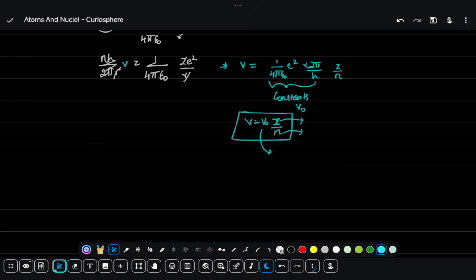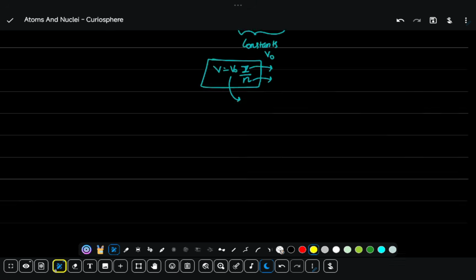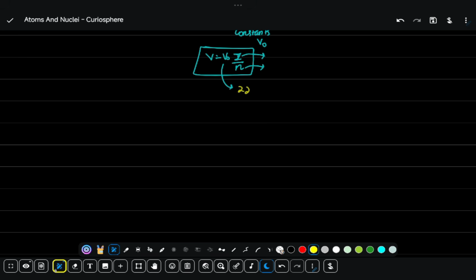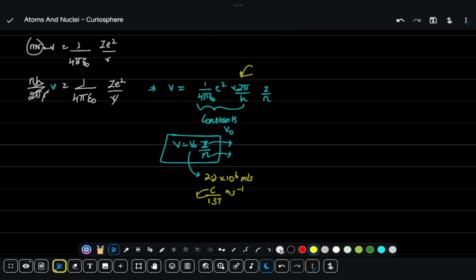The value of this constant, by substituting everything, you will get as 2.2 into 10 power 6 meter per second, or c by 137, where c is the speed of light, as you know.